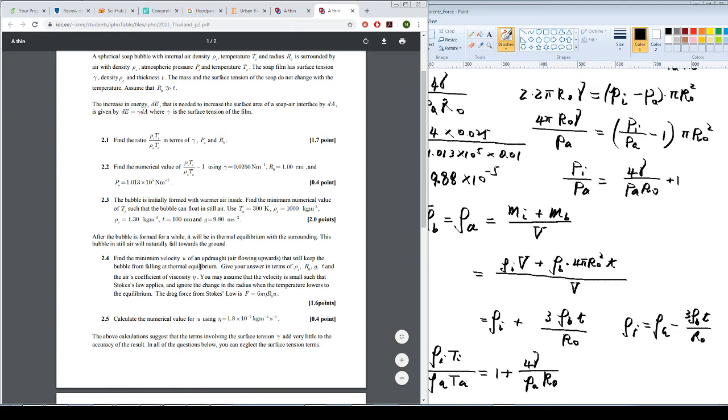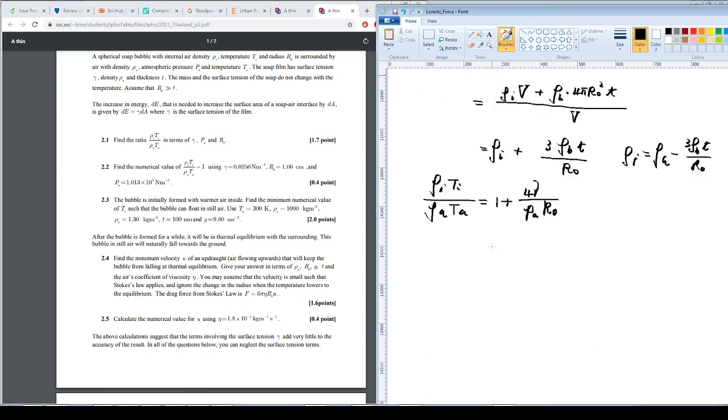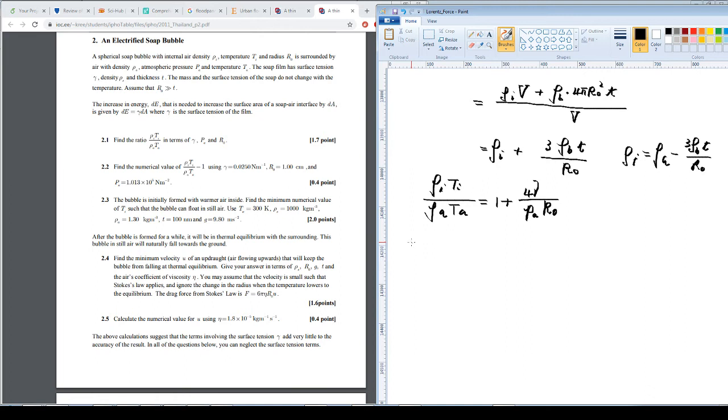Find the minimum velocity of an updraft that will keep the bubble from falling at thermal equilibrium. So that's the drag force. The dynamics condition for this one must be that the drag force equals average density times volume times g.